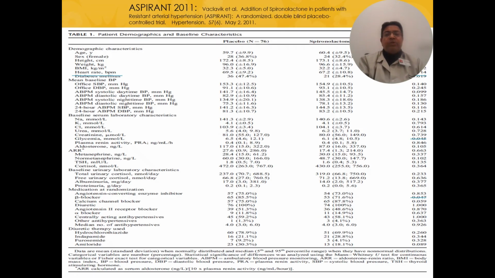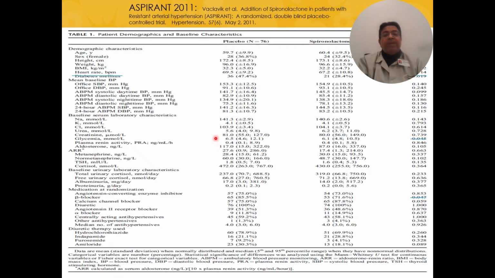The ASPIRANT trial, published in 2011, also in Hypertension, looked at the addition of spironolactone in patients with resistant arterial hypertension. Characteristics were similar between placebo and spironolactone groups. And this was a low renin study.